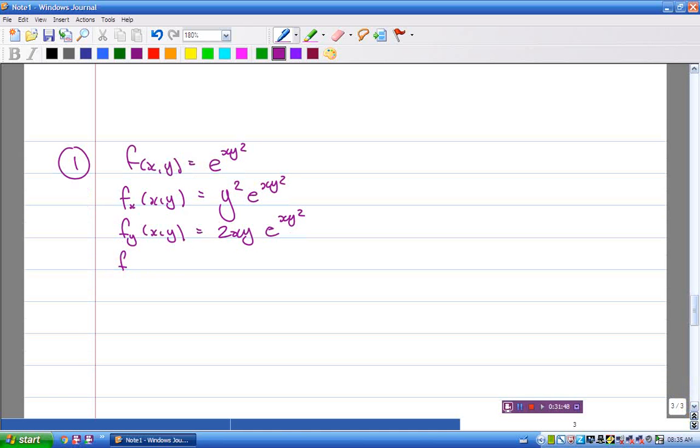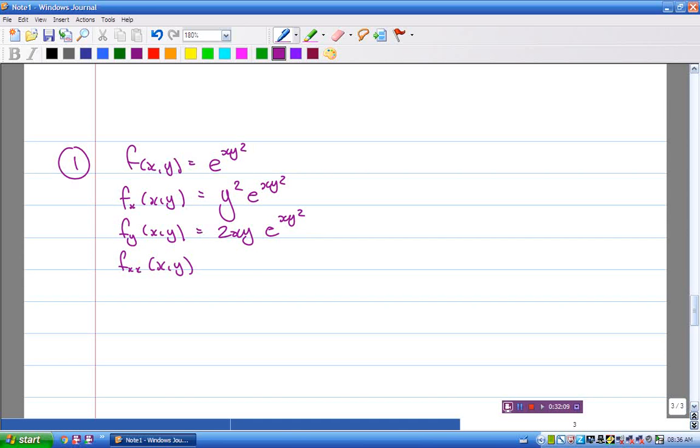Now the double x derivative. I need to take my x derivative and differentiate it with respect to x again. Well, product rule, sure, except not in this case, because one of those two functions doesn't have x in it. But keep product rule in mind, because we are going to use it.